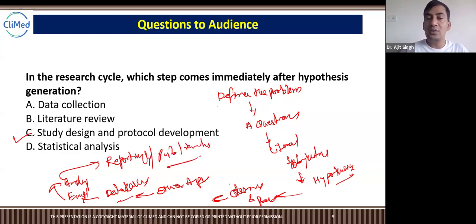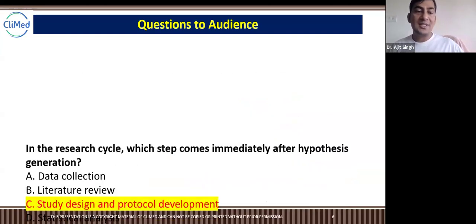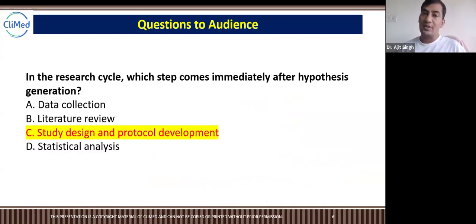This is the actual cycle of the research. Understand? So hypothesis always comes after your aim and objectives, and aim and objectives cannot be defined without literature review. So the right answer here is study design and protocol development.